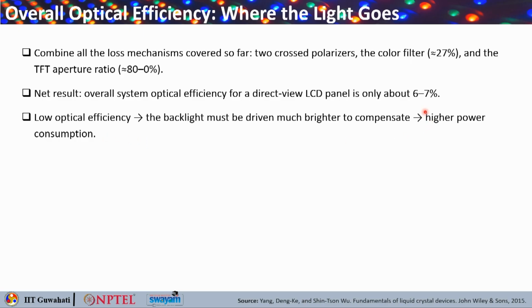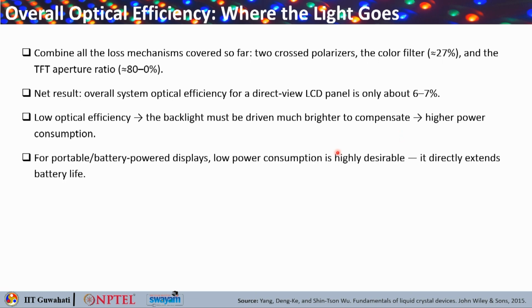So with such low optical efficiency, you still need a good amount of light to come out. How can you compensate for this? You can make the backlight brighter. Your backlight must be driven much brighter to compensate, and that will essentially consume more power for your entire device.